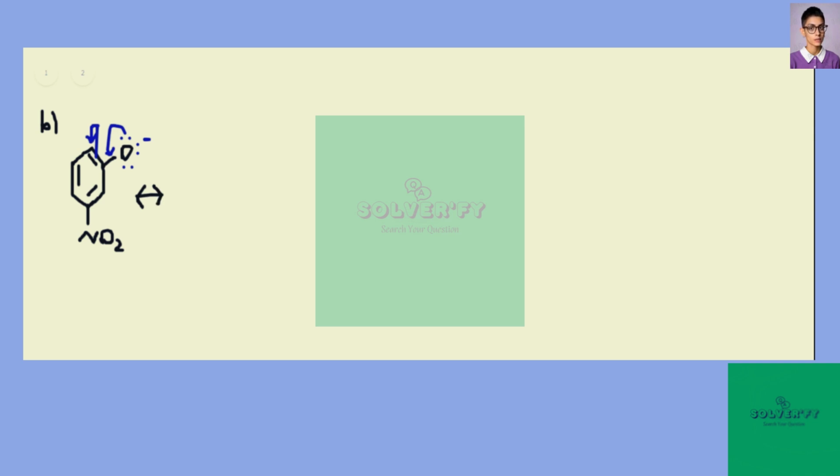All right. So we begin moving electrons like that. So here is our first resonance structure.